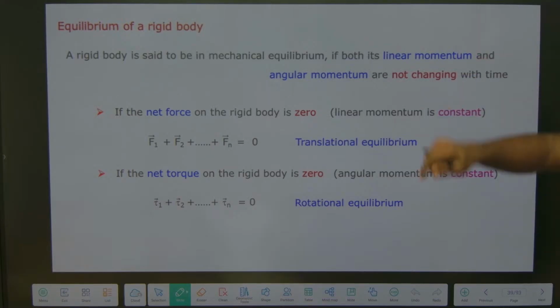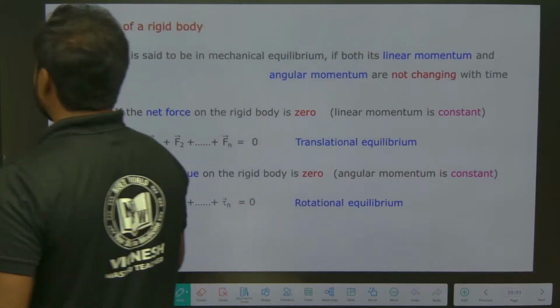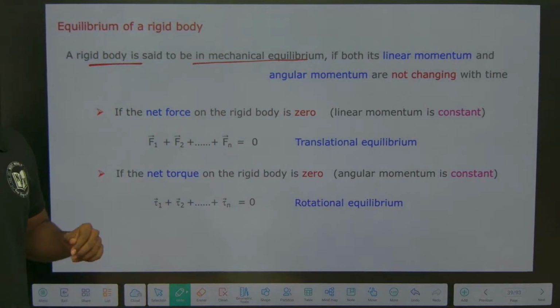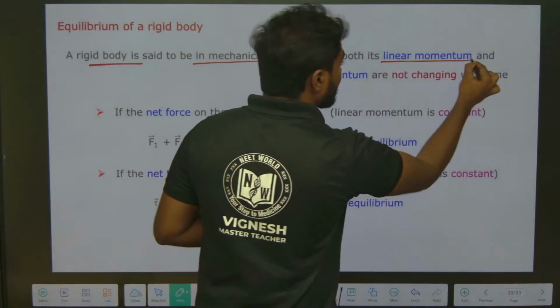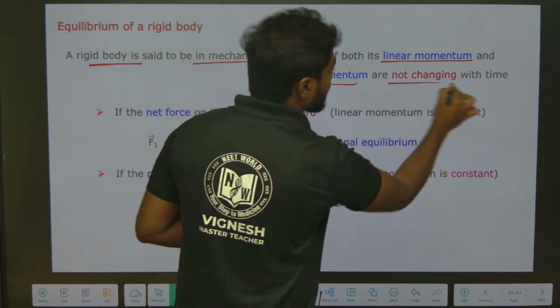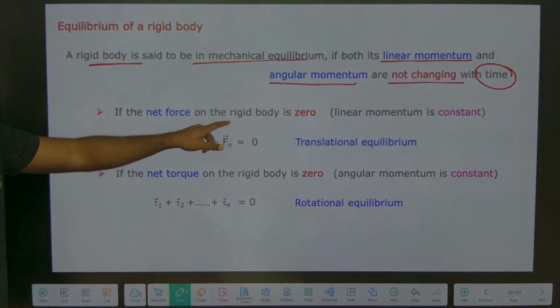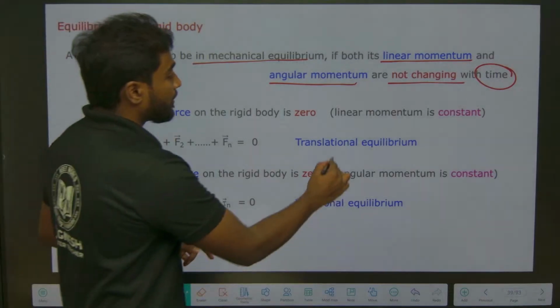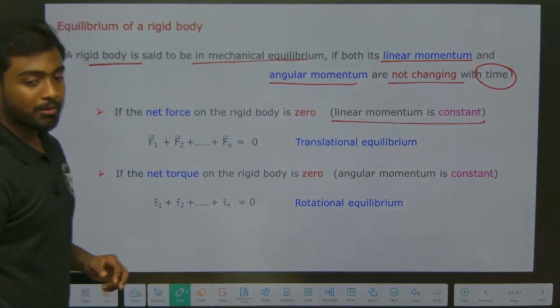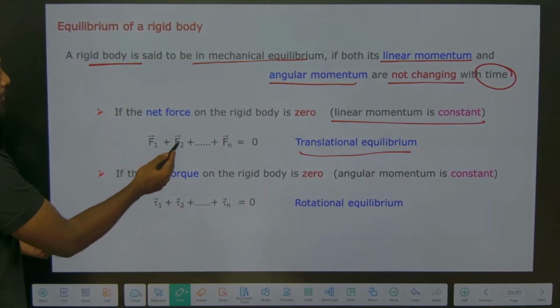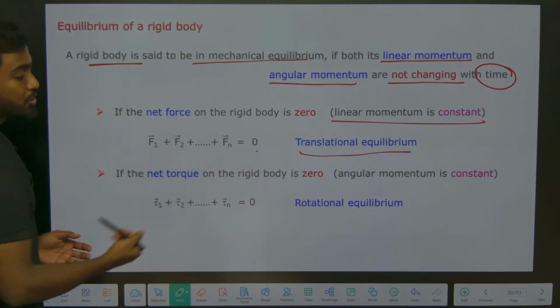Equilibrium of a rigid body. A rigid body is said to be in mechanical equilibrium if both linear momentum and angular momentum are not changing with time. If the net force on a rigid body is 0, linear momentum is constant, that is translational equilibrium: F1 plus F2 plus up to Fn equals 0.